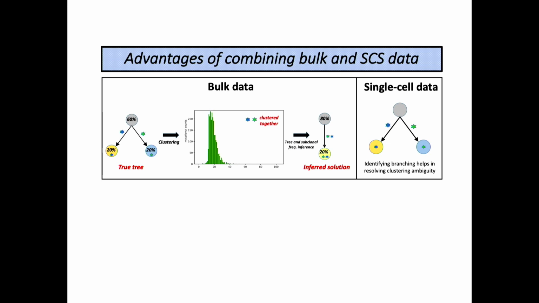So one important aspect here is, as I said, when you're dealing with single cell data, it's very difficult to infer the relative prevalence of each one of these populations. And the bulk sequencing data analysis typically provides you this kind of information and closes the gap between what you can do with single cell data and what you eventually want to get.